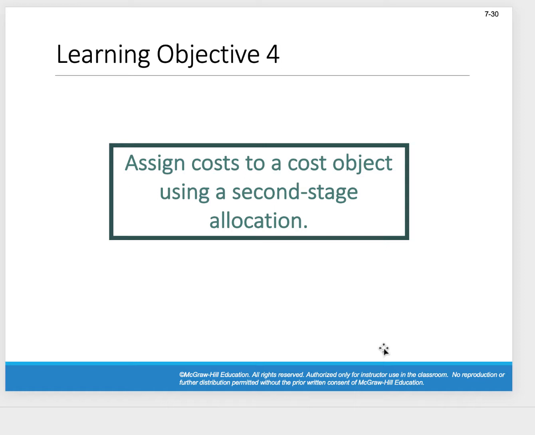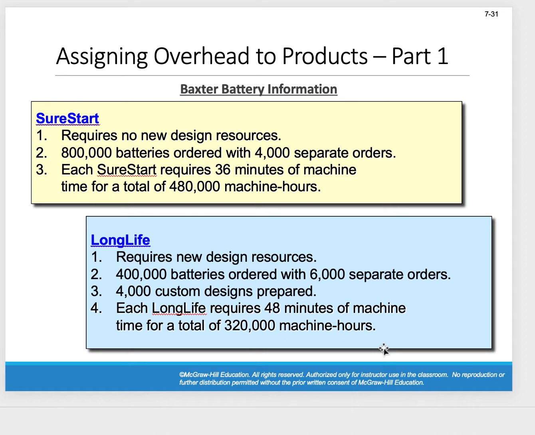So now we're going to apply. It's very simple. If you remember and understood how we applied the predetermined overhead rate to a job, we're doing the same exact thing, but this time we're using 4 activity rates.